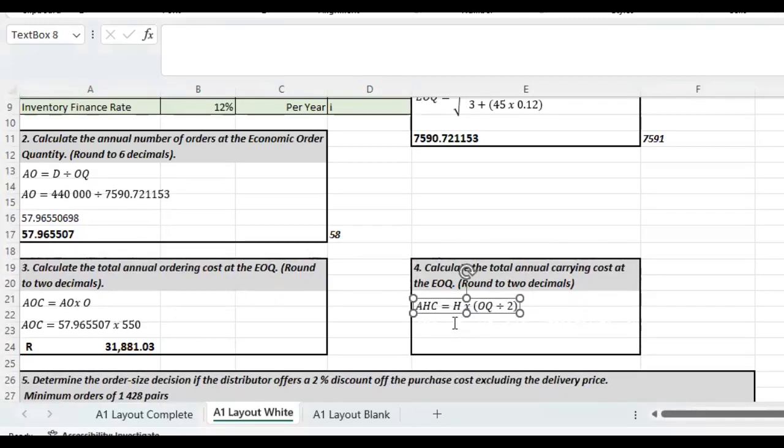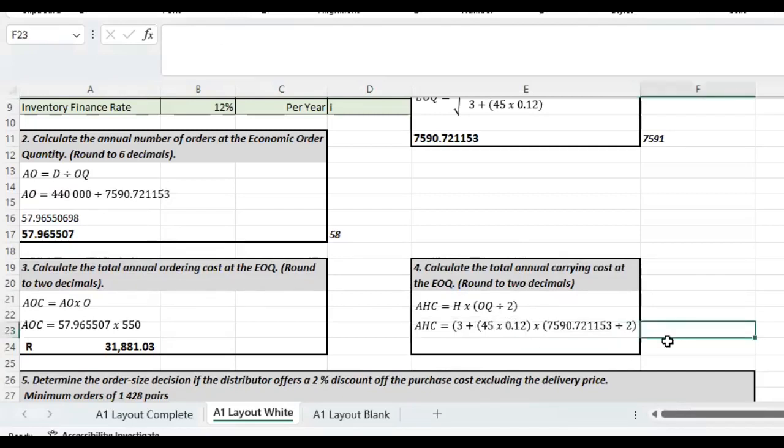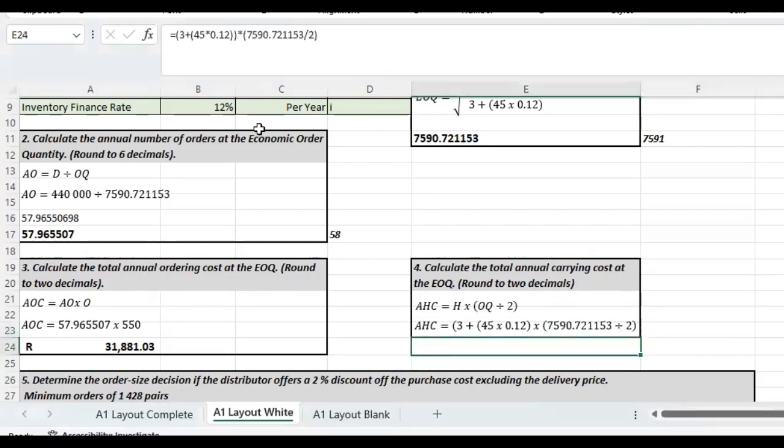We know that H is extended to include the purchase price multiplied by the financing cost. That's why we have that in there. And then, of course, we calculate it. And if we did everything correct up to here, these two amounts here will be exactly the same.